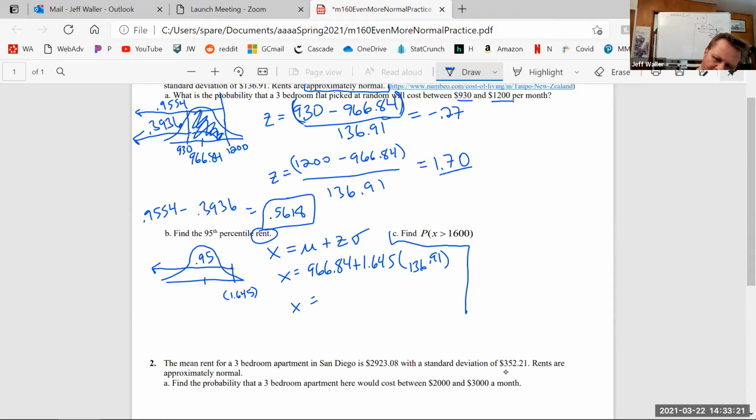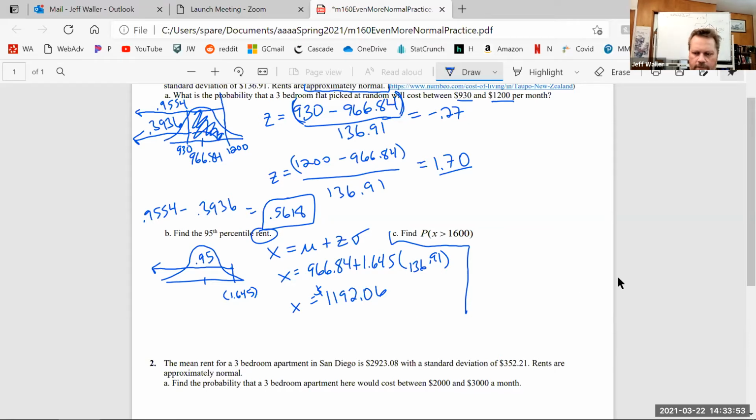I don't know, it's like 1160 something. I could be off. Nobody's going to help me. It's 1192.06. Thank you. So if you live in this area of New Zealand and you pay this much in rent for a 3-bedroom place, you're in the 95th percentile of rent payers.